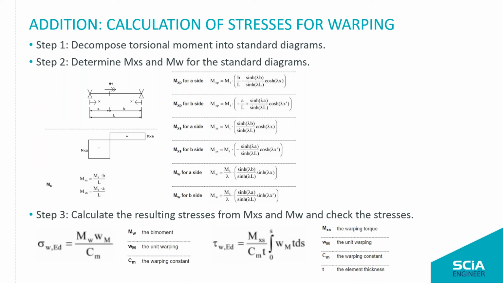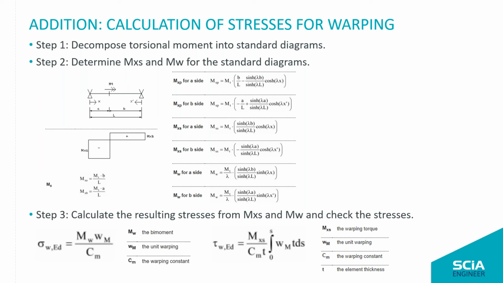Also not in the Eurocode, but maybe it shouldn't be in the Eurocode, I will add it for completeness. Here is how we then calculate the stresses coming from this warping. In the first step, we decompose the torsional moment that's on the elements into standard diagram shapes.